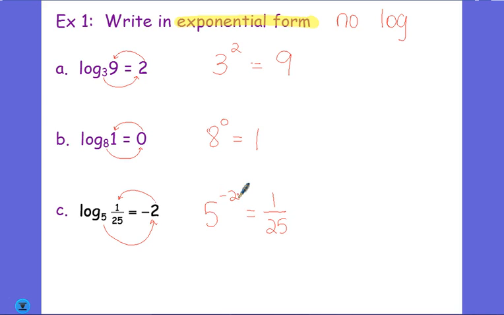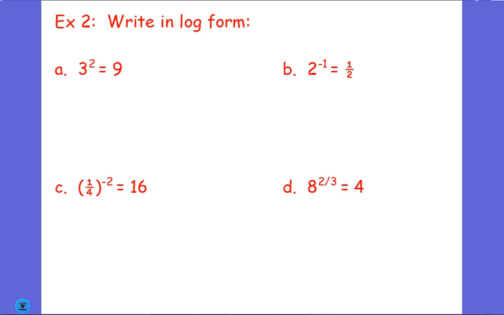So hopefully those aren't too bad. That's going one direction. You have some of these in your homework. Let's go the other direction. Write in log form. So when you are writing in log form, now you actually are putting in the word log.